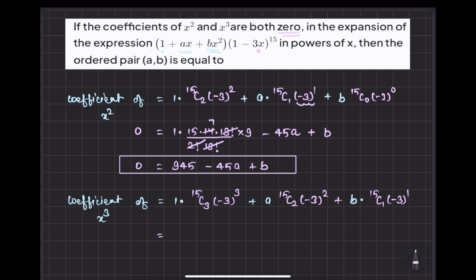So according to us the coefficient is this, but according to them the coefficient is 0.